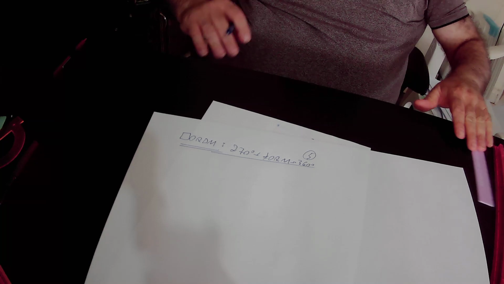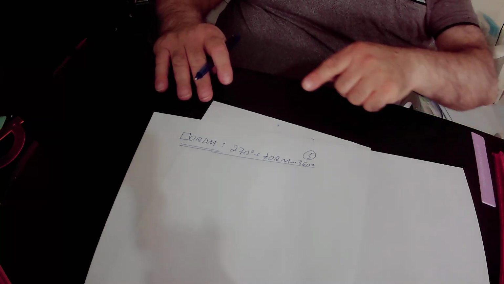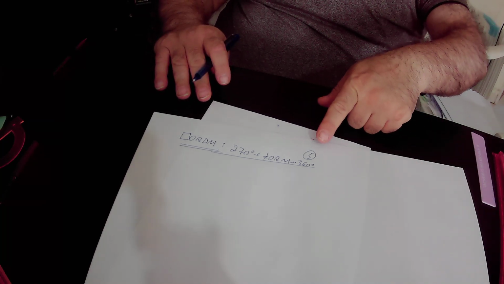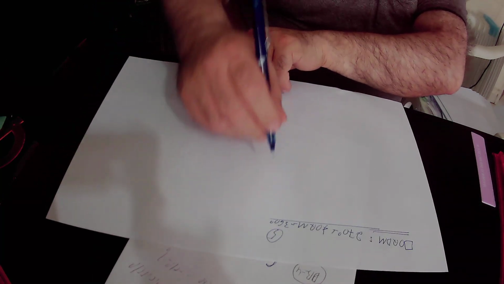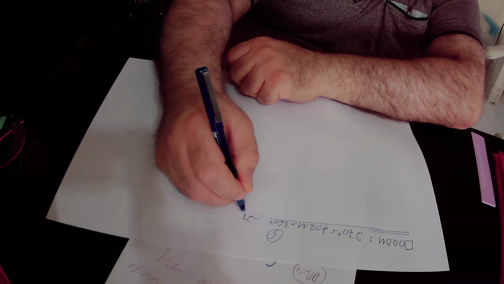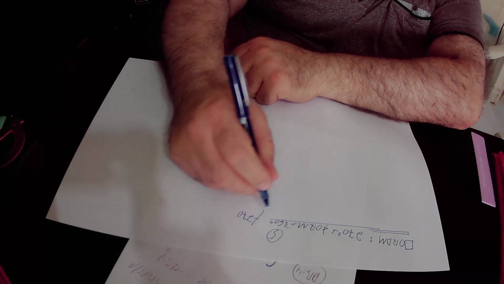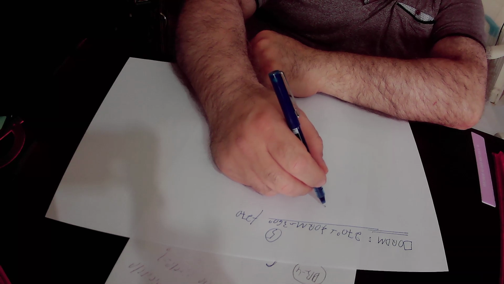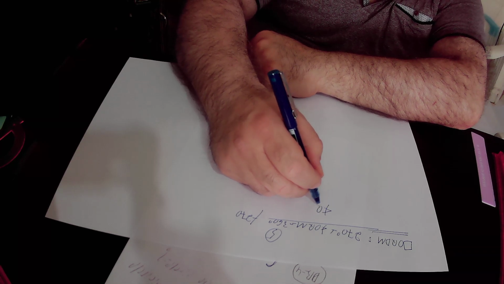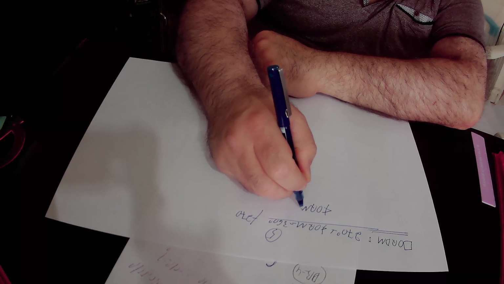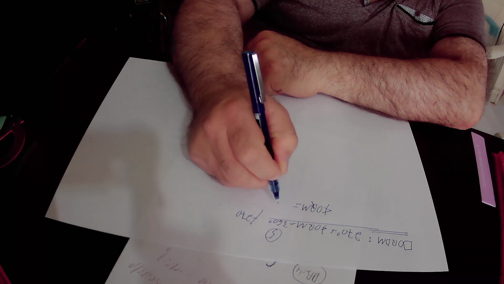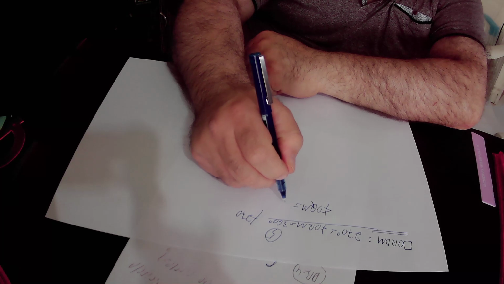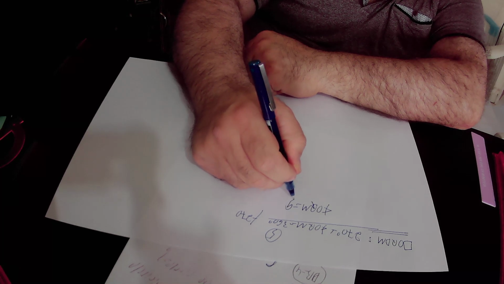Here, we will subtract 270 degrees from this equation. And we will get that the missing angle OQM is equal to 360 degrees minus 270 degrees, it is 90 degrees.